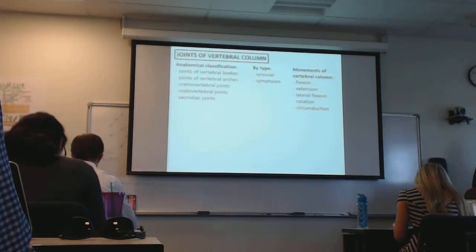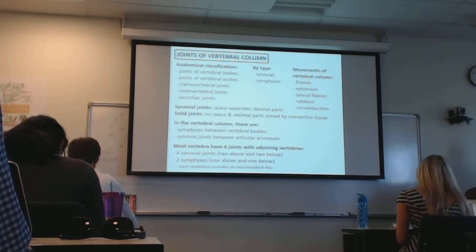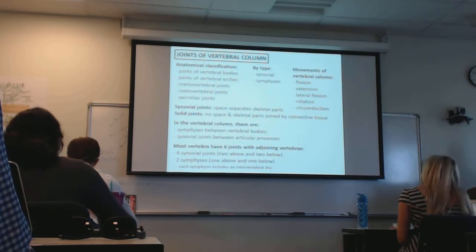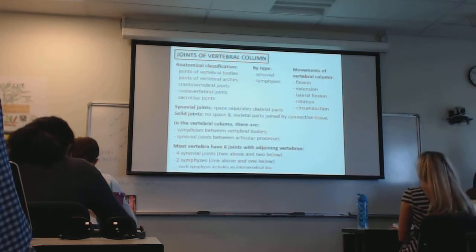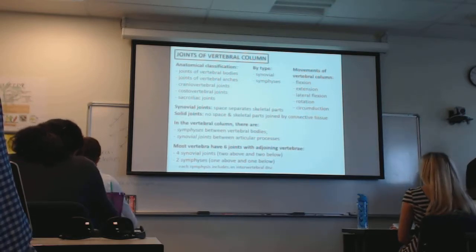Now, in this slide, there is a classification, or really an enumeration, of the various types of joints in the back. And I want you to think about these. There are the joints of the vertebral bodies, and by that we're talking about the joints primarily between the bodies and the intervertebral discs. There are the joints of the vertebral arches.